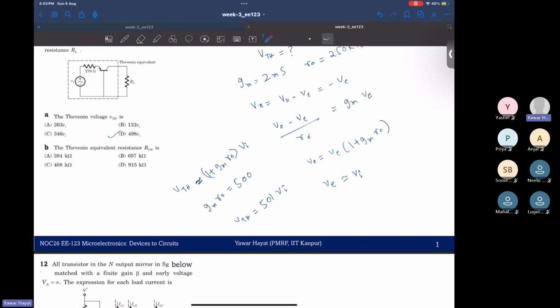So if you apply Vx at the output, right? For a transistor with emitter degeneration RS, the resistance that is looking into the collector would be this RTH, right? How much is RTH then?